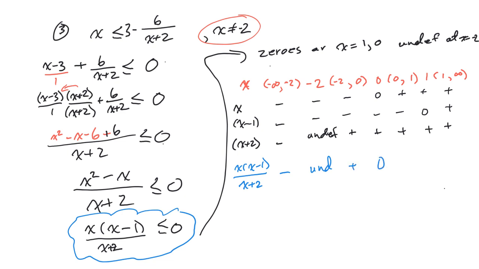This is 0. So now we have 2 positives and a negative, which gives us a negative. 2 positives and a 0 give us a 0, and 3 positives give us positive.